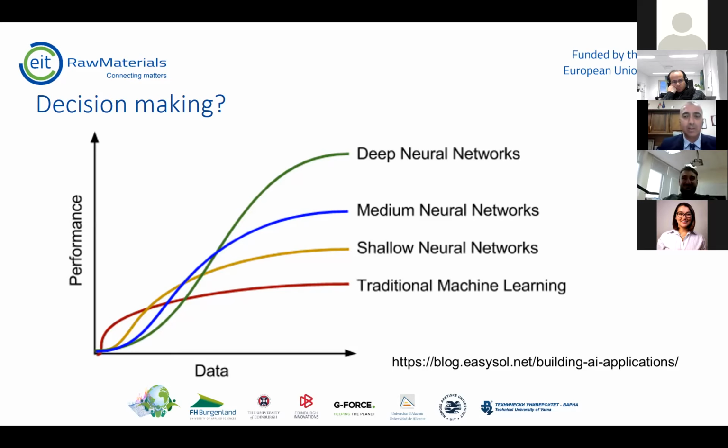For instance, if you own very few data and try to use different instruments, these are different instruments: deep neural networks, which is very fashionable now and a hot topic, and traditional machine learning, meaning these statistical methods I mentioned already, and some other neural networks. Which is the best actually depends on the data you own.